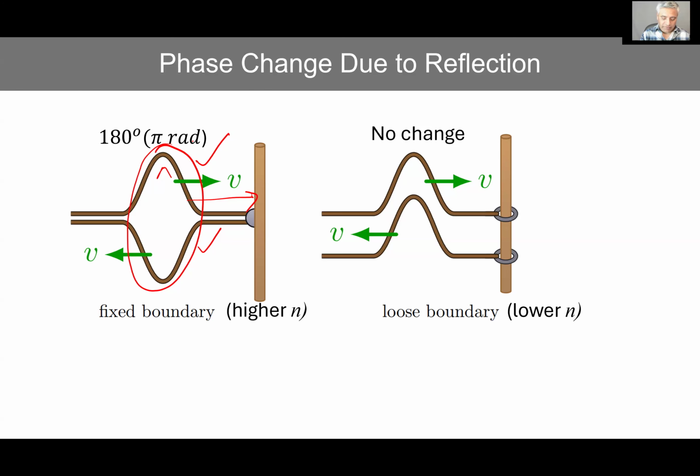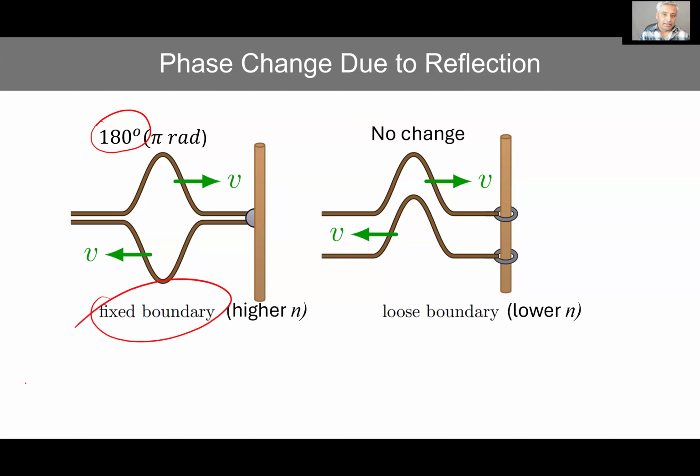Here there is a peak or crest, and there is a valley or trough. So they have opposite phase, and in terms of number, it's 180 degrees or pi radians, right?